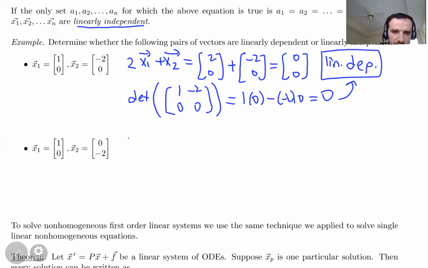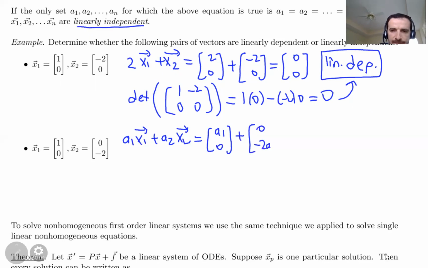So a1 x1 hat plus a2 x2 hat will be equal to, right? a1 x1 will be a1, 0, plus a2 x2 will be 0, negative 2 a2, and that's equal to a1, negative 2 a2, and we want to make it equal to 0, right?